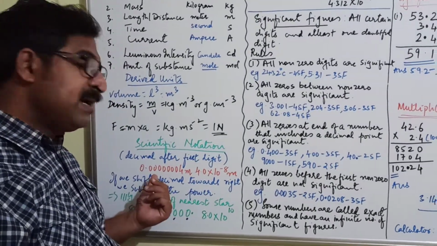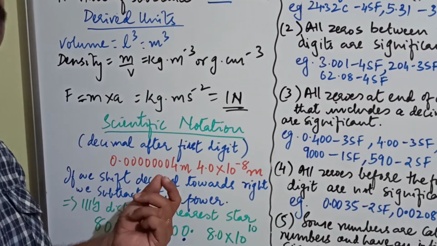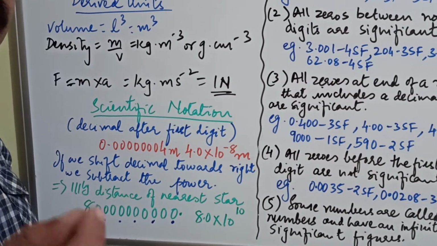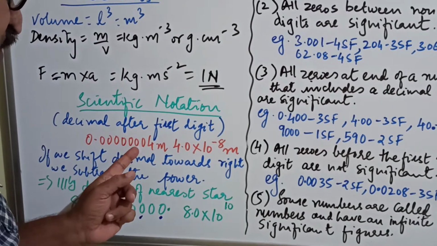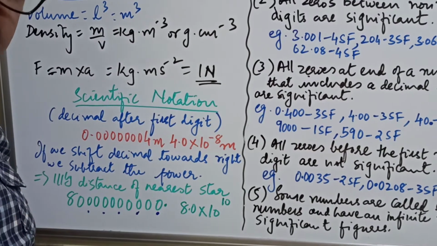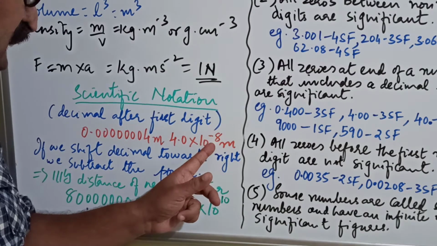Now say, for example, this is the diameter of a small capillary. It can be a blood capillary, it can be any small thing. That is 0.0000004 meter. Now to denote this in scientific notation, it is 4.0 into 10 raised to minus 8. How?